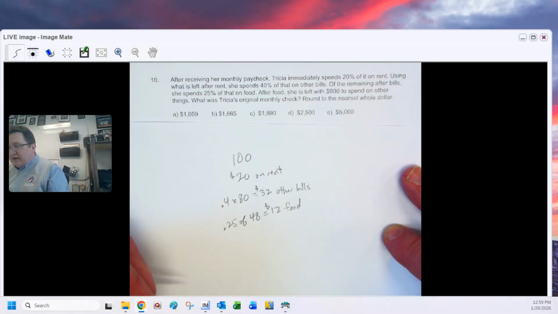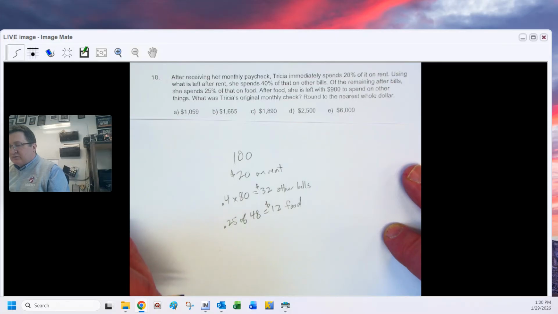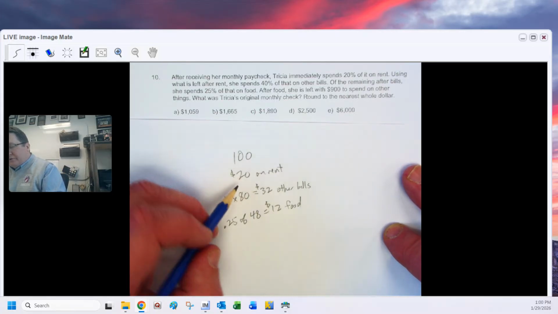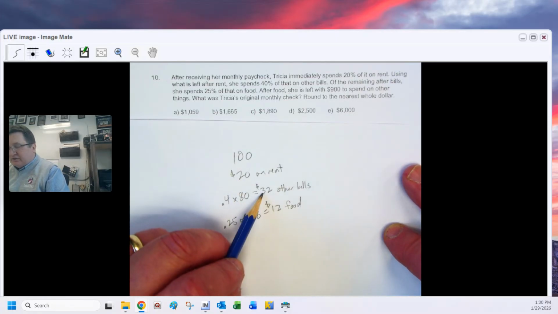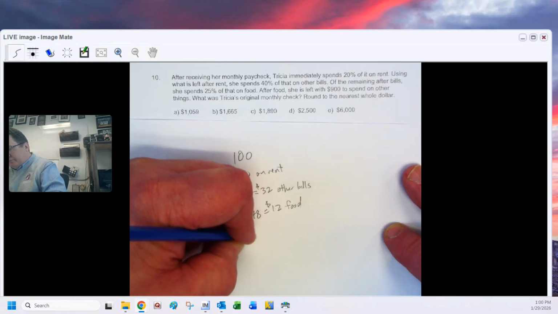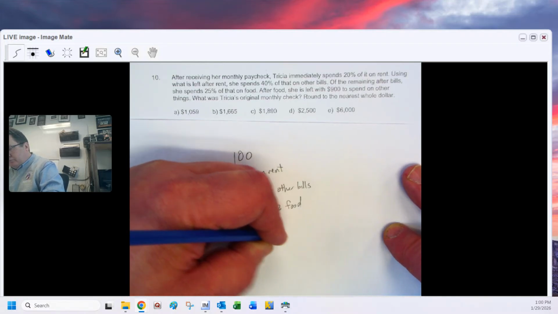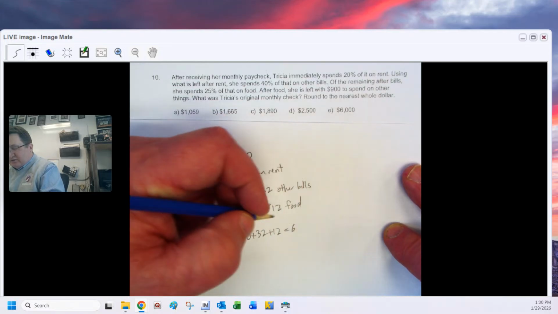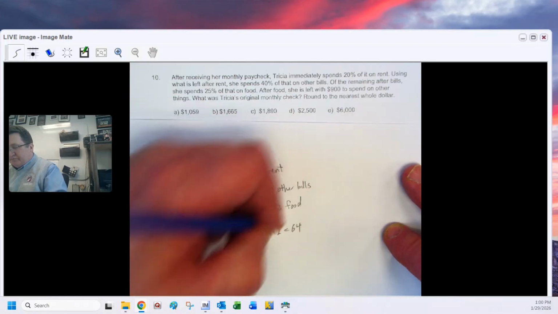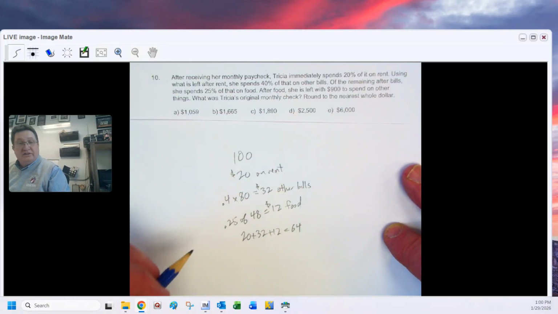After that, she is left with $900 to spend on other things. What was her original check? She spent 20 plus 32 plus 12. 44 and 20 is 64.